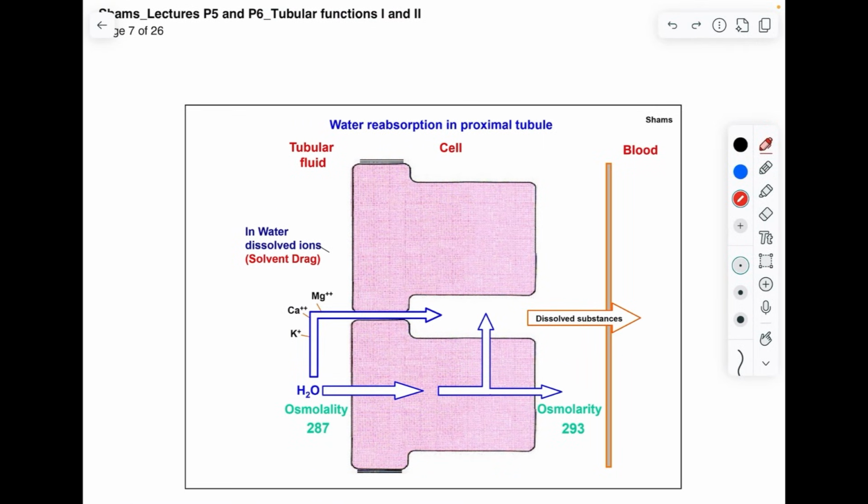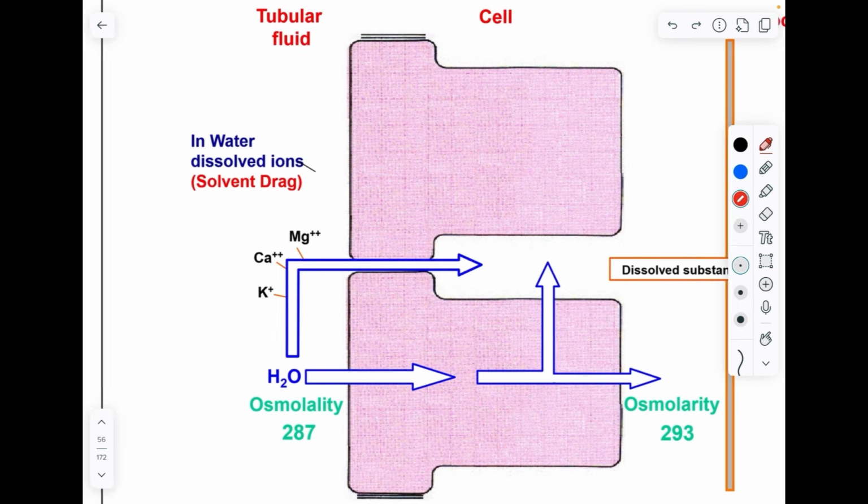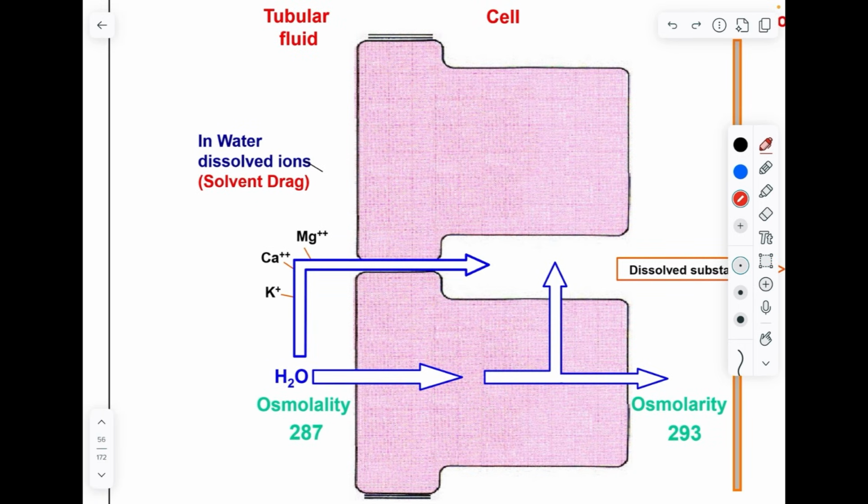Now, we always say that water reabsorption is happening in the proximal tubule. Okay, but does water go by itself? No, we actually have something that we call solvent drag. This solvent drag is basically water pulling things with it as it goes paracellularly.